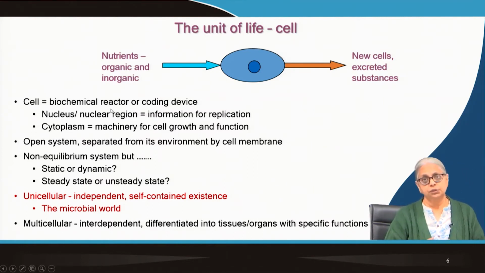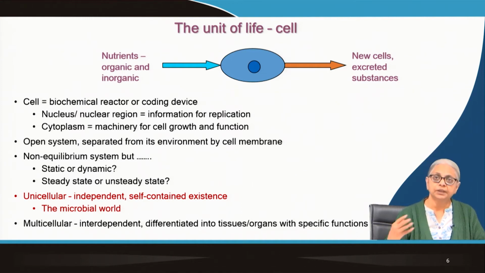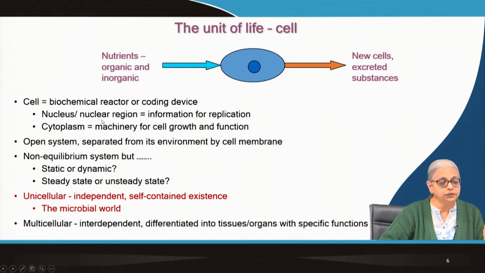What is the nucleus doing? The nucleus contains the DNA, and this DNA is necessary for the cell to create copies of itself, because reproduction means literally they are producing copies of themselves. So nucleus and nuclear region has, whether it's a bacteria or higher eukaryotes and so on, I'll come to all those differences in a little bit.